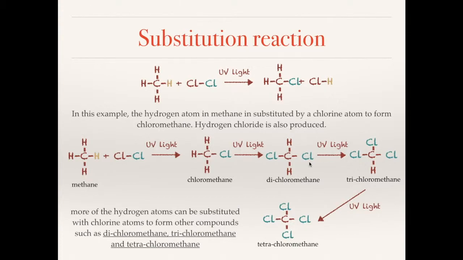Carrying on the same reaction with excess chlorine and UV light, the third hydrogen can be substituted and I get trichloromethane. Okay, tri means 3, so 3 chlorine atoms. And finally, once again, same condition, I'll get tetrachloromethane. All hydrogens have been substituted. So now even if I continue to throw in more chlorine and UV light, nothing is going to happen because there is no more hydrogen available for substitution.